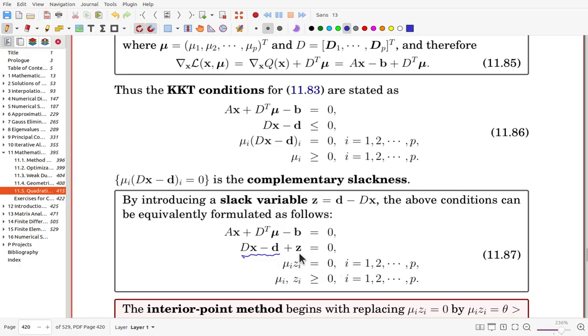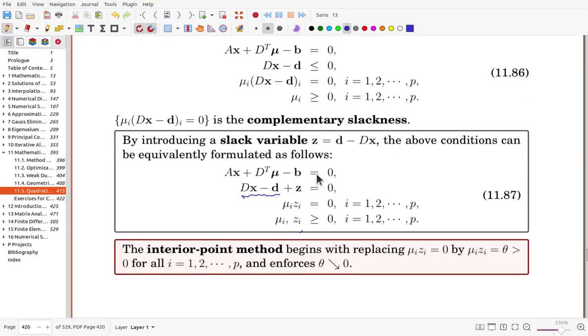And of course, from the beginning, z i must be non-negative. So along with the original dual feasibility, under the slack variable, here we have this constraint, and everything else is now equality. So solving this problem is the same as solving the original one.